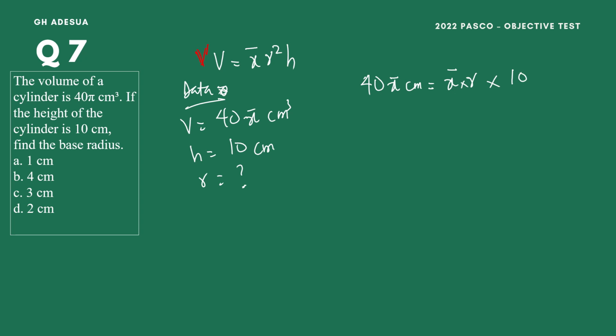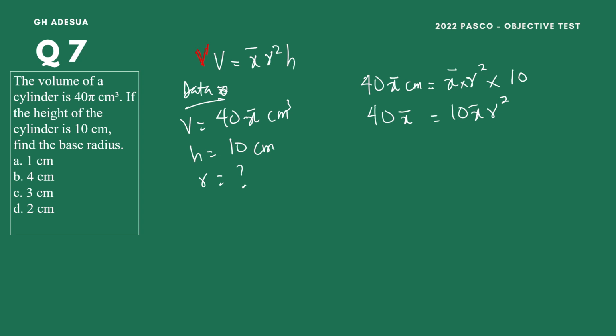So we'd end up having 40 pi equals, if you multiply all through, 10 pi r squared.